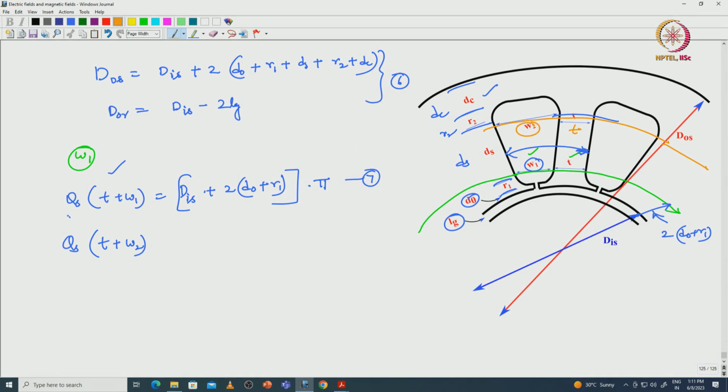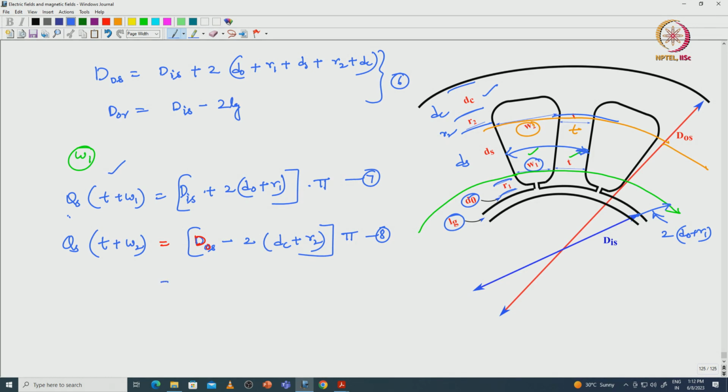Qs into T plus W2 is equal to d naught s, in terms of d naught s we can write it, d naught s minus 2 into dc, the back iron length, plus the radius at the bottom side of the slot, into pi. This is equation number 8.